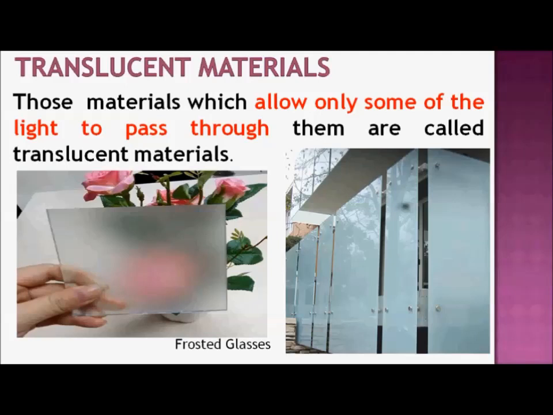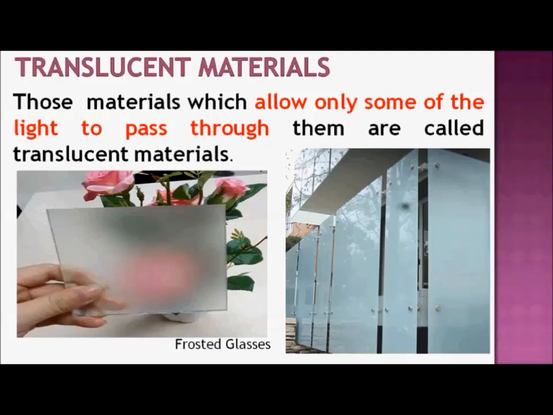These both are frosted glasses. See, this rose flower we can see properly without glass, but if we put a glass, frosted glass, then the image is not clear. So these types of materials are known as translucent materials.